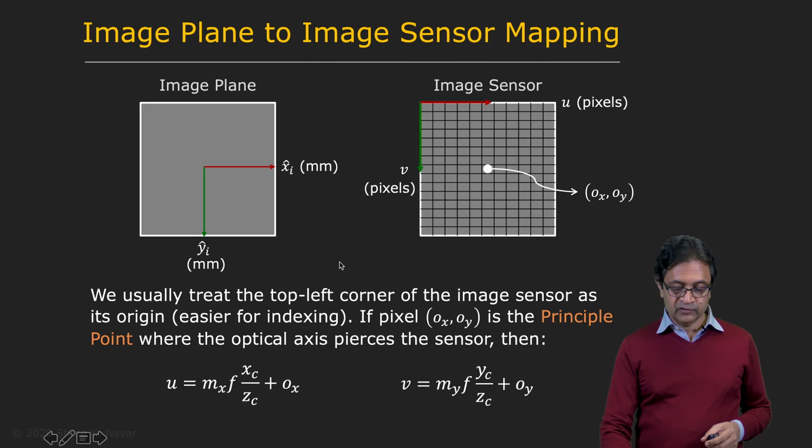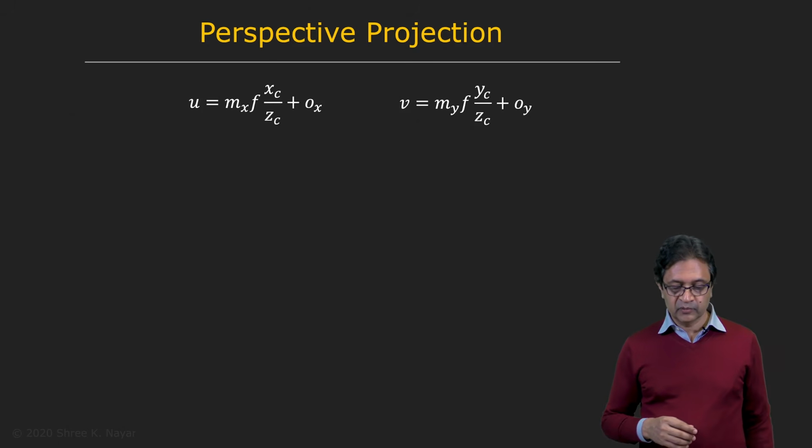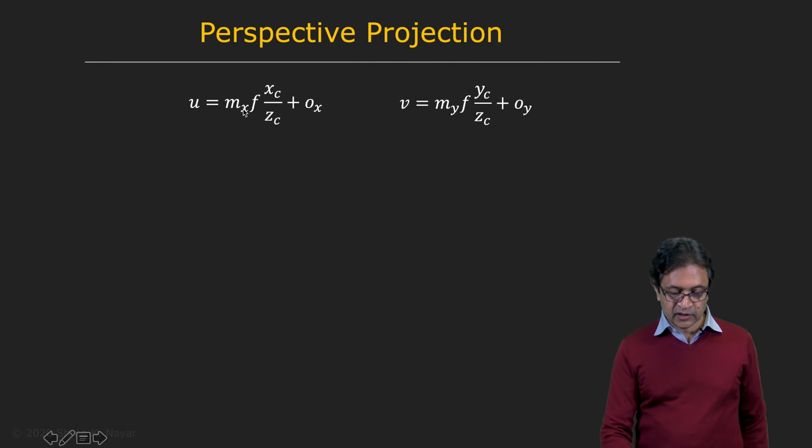So now, to modify our perspective projection equation, we say u is equal to mx f xc divided by zc plus ox, and a similar equation for v. So now we have a more complete model for perspective projection given by these two equations. One thing to note here is that you have mx times f. Remember, both are unknown to us, the pixel density as well as the effective focal length.